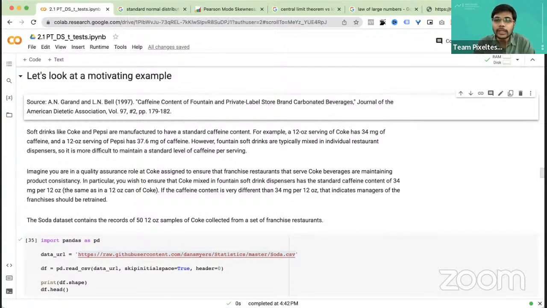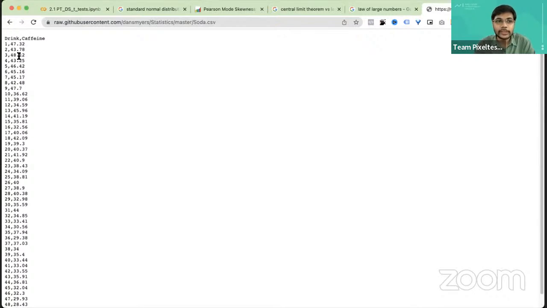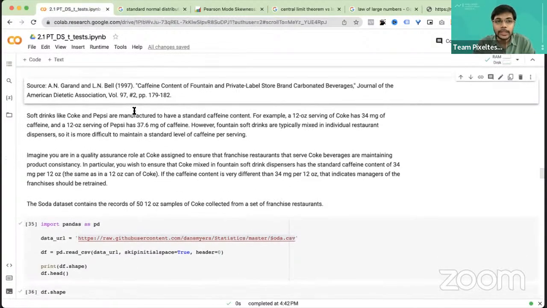So what we are looking at here is the caffeine content of fountain and private label stores. If you have taken 50 Cokes like that, each one's caffeine was measured, and this is the data set.